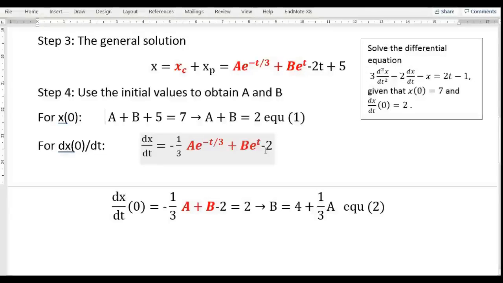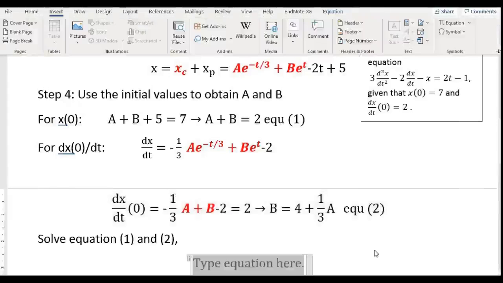When we substitute t equals 0 into this expression, it's going to give us minus 1 over 3 a plus b minus 2, and that is equivalent to 2. So when you rearrange this, you're going to get b is equivalent to 4 plus 1 over 3 a. So we name this equation 2.